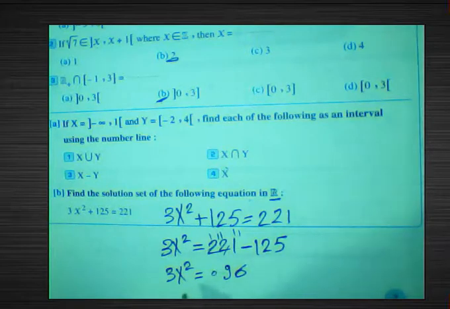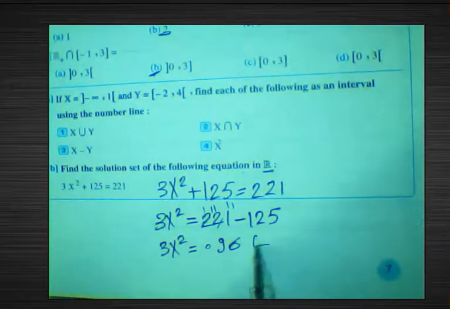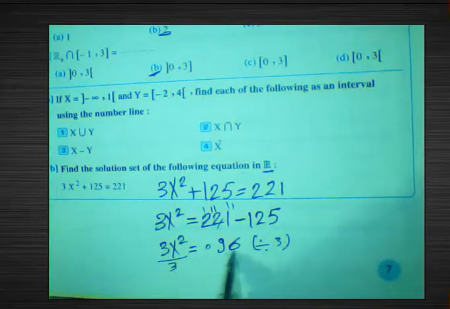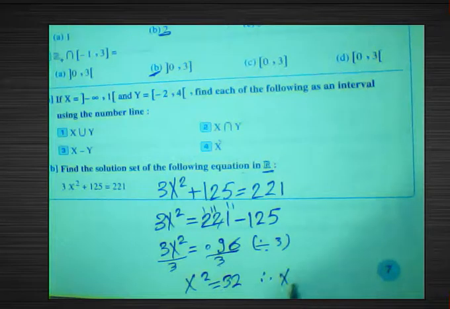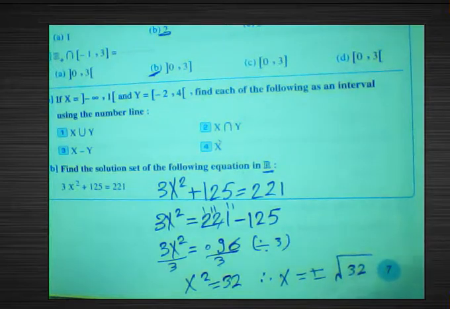So we can find the result by dividing by the coefficient of x to the power 2, divided by 3. Divided by 3 here. X power 2 equals 96 divided by 3. 9 divided by 3 equals 3. 6 divided by 3 equals 2. So x will be positive or negative square root of 32.